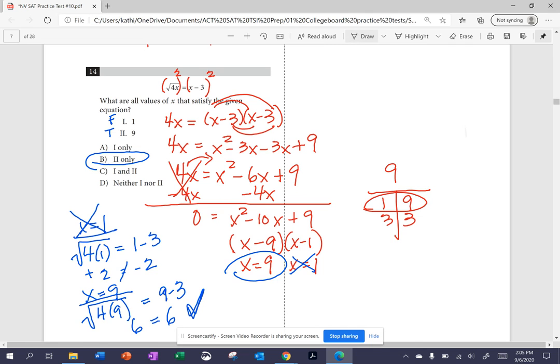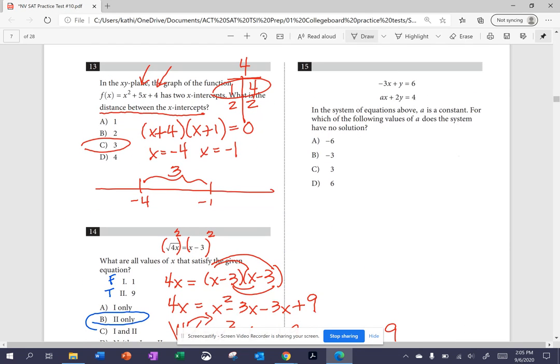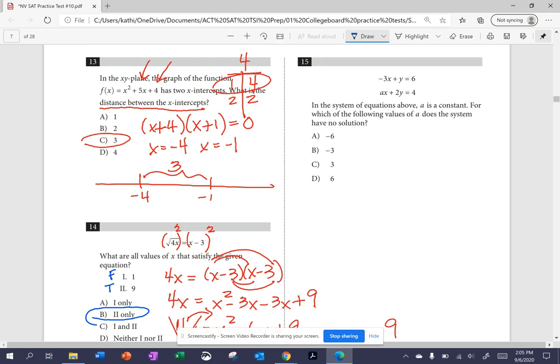All right, let's try number 15. In the system of equations above, A is a constant. For which of the following values of A does the system have no solution? No solution means the slope is the same. I have parallel lines.